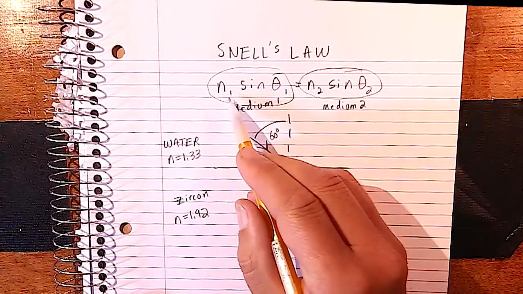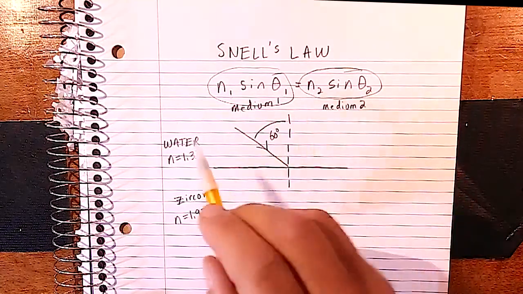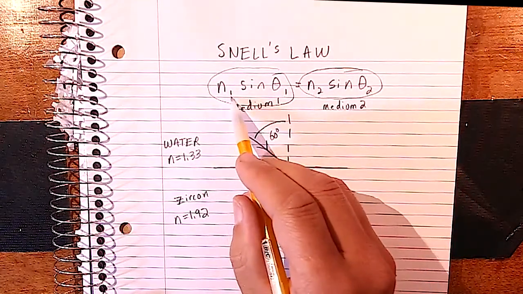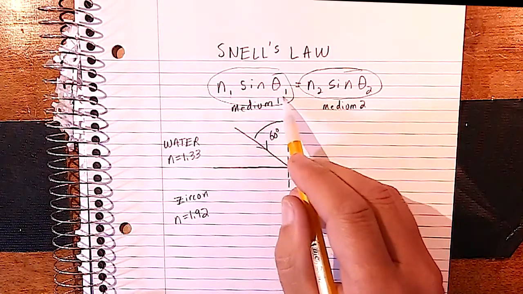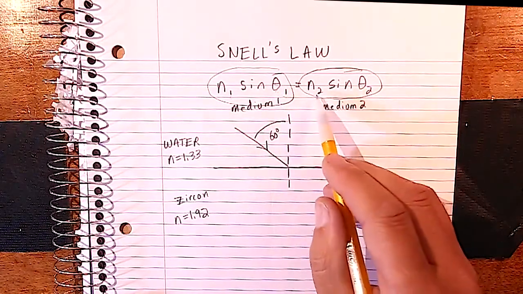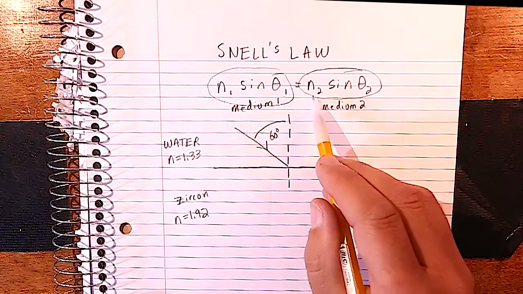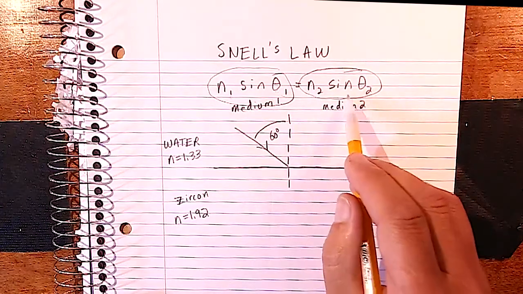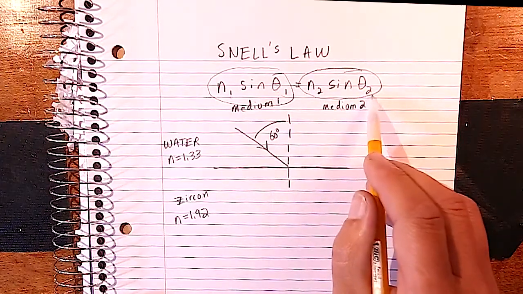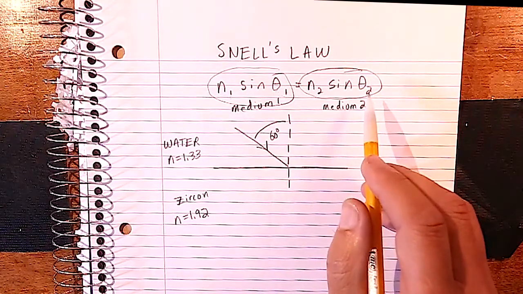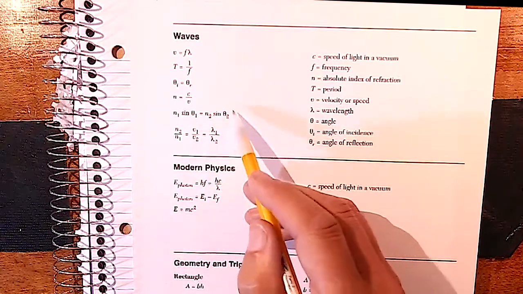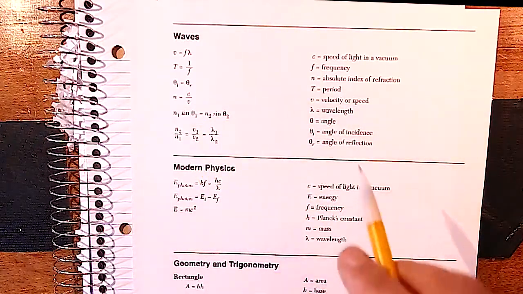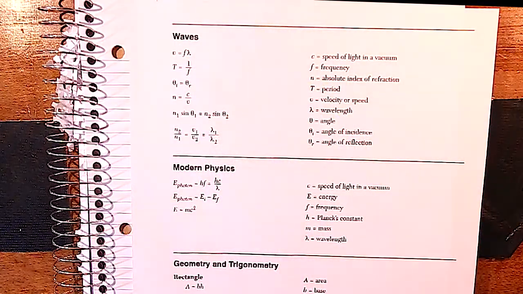So really it's 1s and 2s, but we can say n1 is medium 1, theta 1 is theta i, that's our incident angle. n2 is the second medium, what it's traveling into. And theta 2, that's going to be our angle of refraction. Now, this is on the reference table right here, so we don't need to memorize it. It's in the waves section.